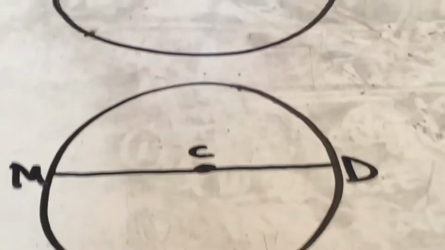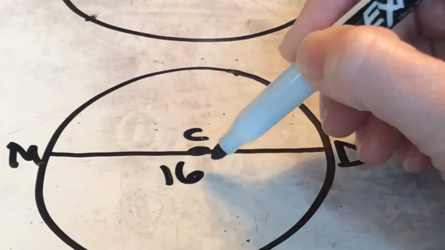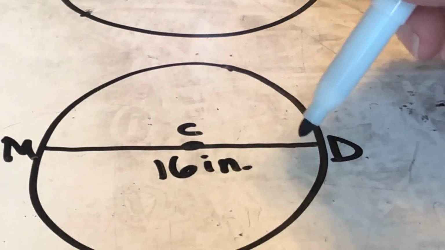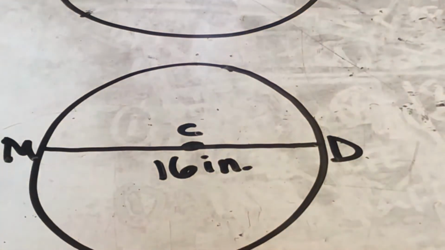So if this diameter was 16 inches, then we should know if the radius is half of the diameter, we should be able to figure out, well, what would this radius be? If MD was 16 inches, what would CD be?